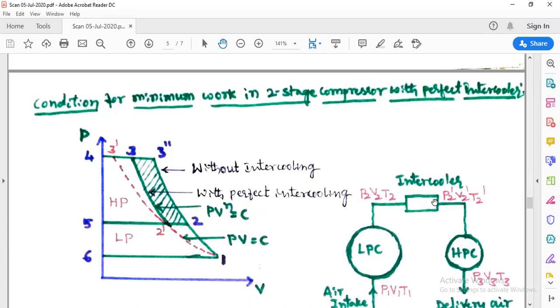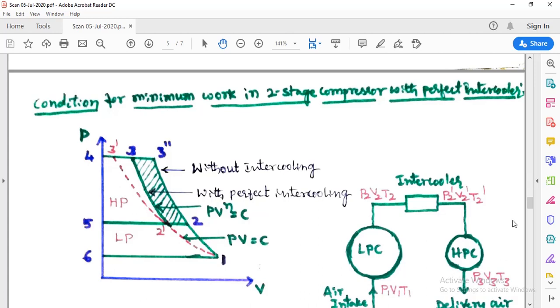The volume will be reduced from V2 to V2 dash. So the V2 dash volume enters the second cylinder, where it is compressed to the V3 volume. So this is the PV diagram for the two-stage compressor with perfect intercooler.